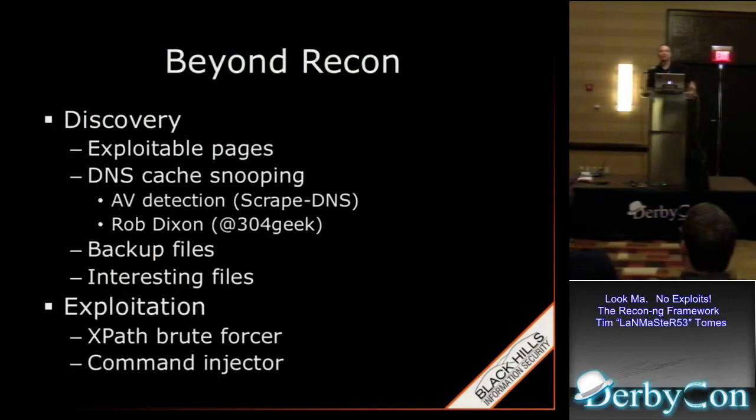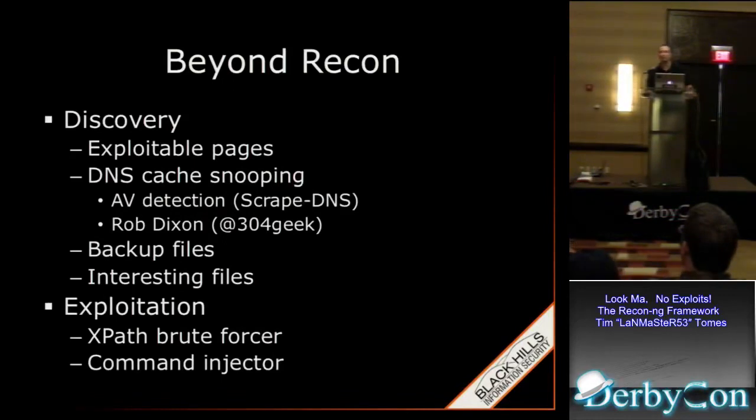So beyond reconnaissance, Recon-ng has some discovery modules built into it. Some guys have put together some really neat stuff here that'll actually search a particular web page for exploitable pages, known exploits, certain ColdFusion pages and stuff like that. DNS cache snooping for AV detection. This is something that Rob Dixon put together about a year ago in a script, and we implemented it into Recon-ng.